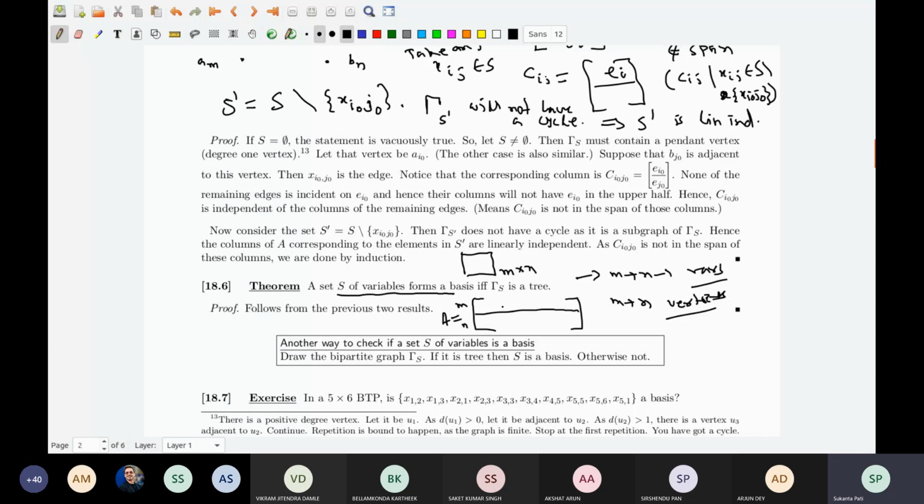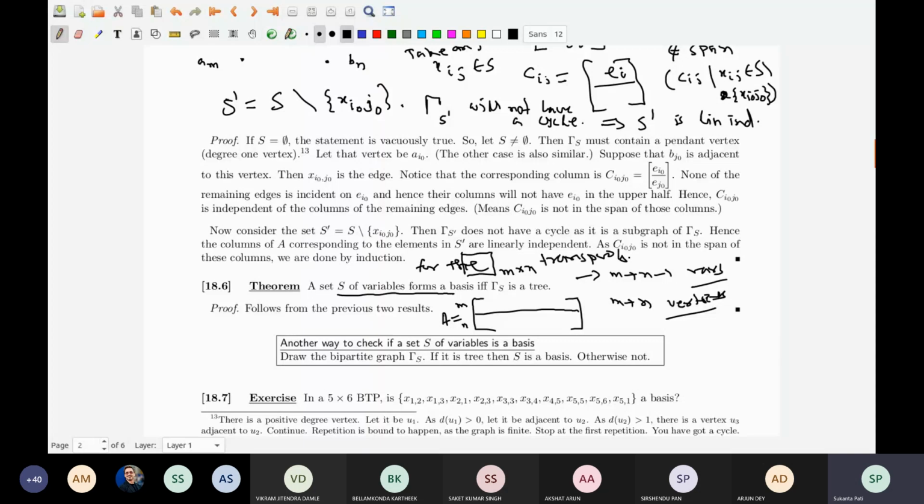In that case, the set of variables has to be M plus N minus 1 because the rank of A is M plus N minus 1. Because we are talking about the M by N transportation problem. Otherwise, I would have to write that a set of variables forms a basis for the M by N transportation problem.